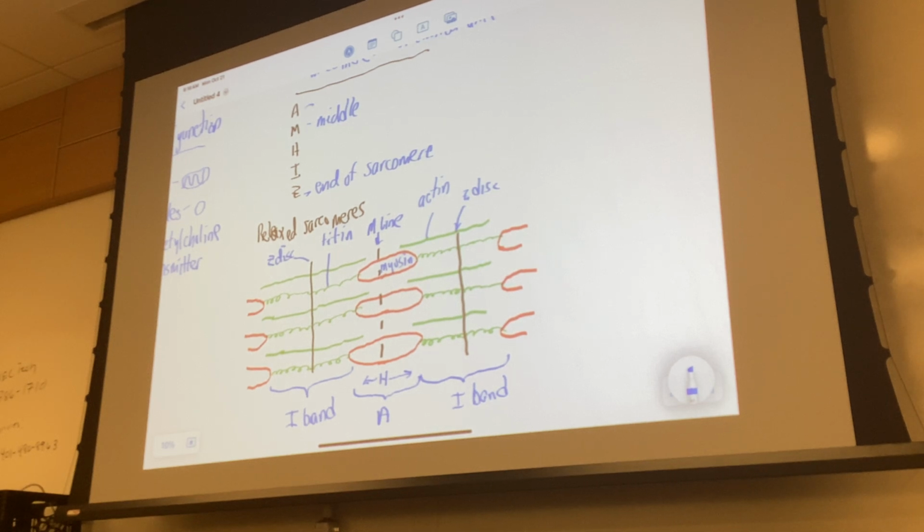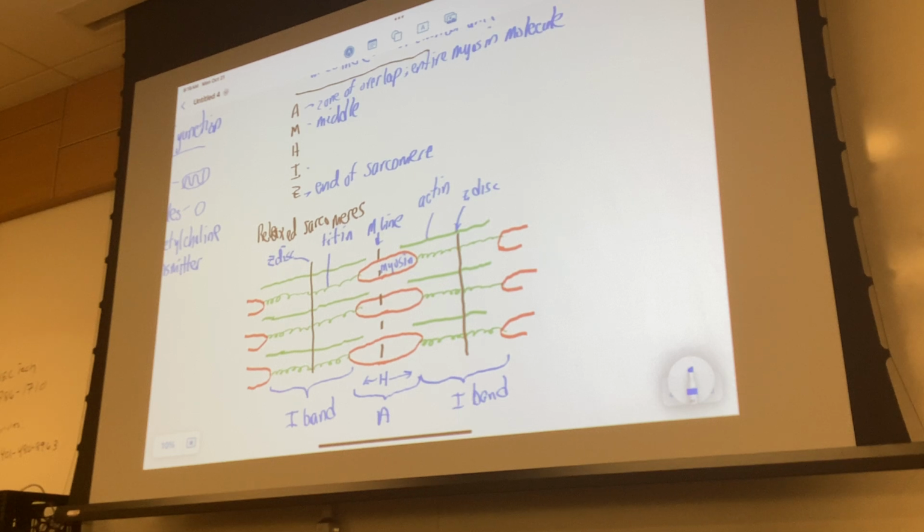So in terms of the A band here, the A band is called the zone of overlap, the overlap between actin and myosin. So I was trying to include the entire length of myosin, the entire myosin molecule.